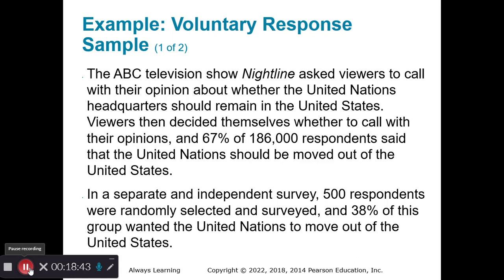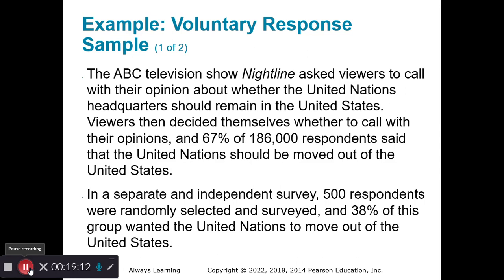Well, it's not just about the numbers, it's about the sampling technique. Whereas the 186,000 respondents were called, right? Some of them chose to not answer the question. Some of them chose to not answer their phones. They may have been led to a particular answer based on how the question was asked. So I don't know that that's where I would put my confidence.